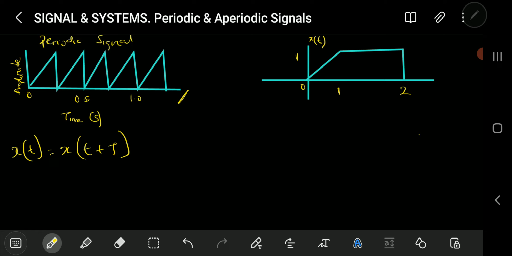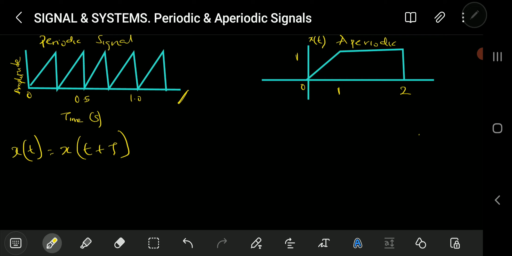So I've given you two definitions of a periodic signal. A signal is said to be periodic if it repeats itself after a regular interval of time. Take note of that: not just repeating itself, but after a regular interval.